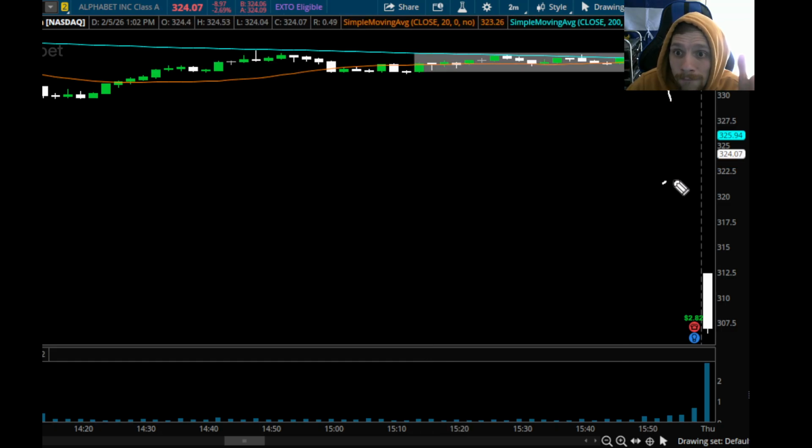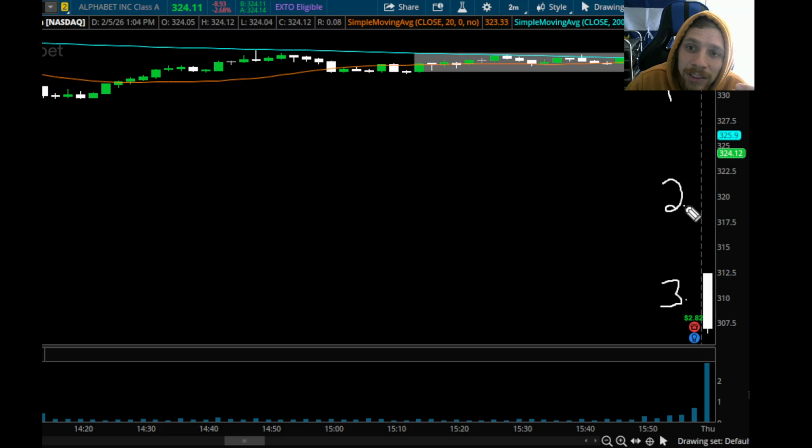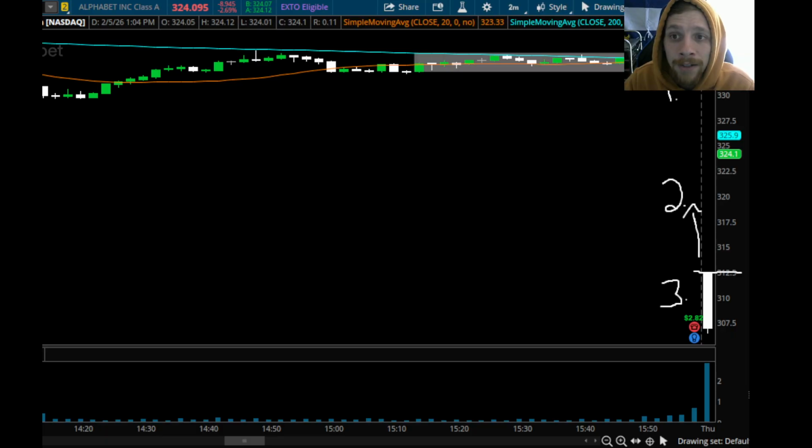1, 2, 3. When you open in position 3 like this, if you get a break of this high, this could possibly lead to a continuation back to the upside to try to fill this overnight gap.